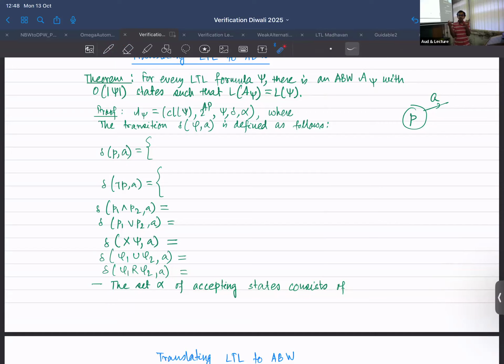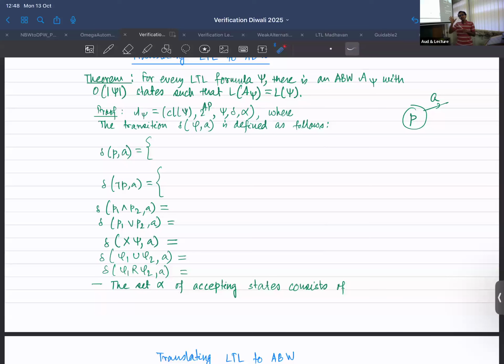My initial state is psi itself. And the set of states is the closure of psi. Every individual formula in the closure is a state of my automaton, right? And my initial state is psi itself.